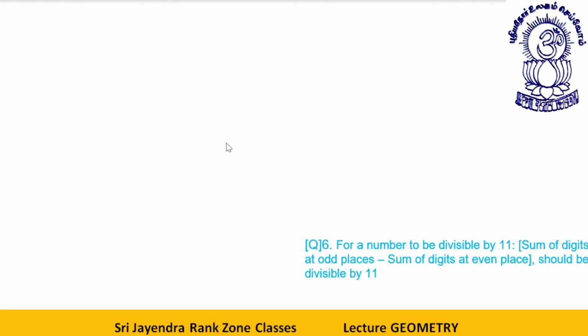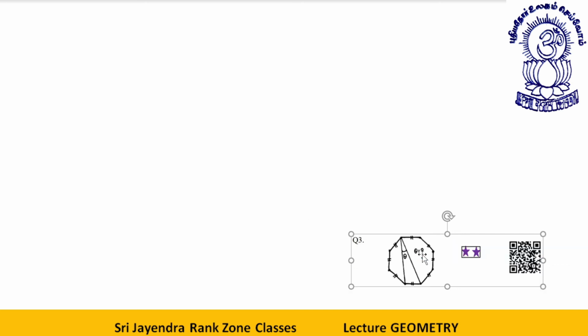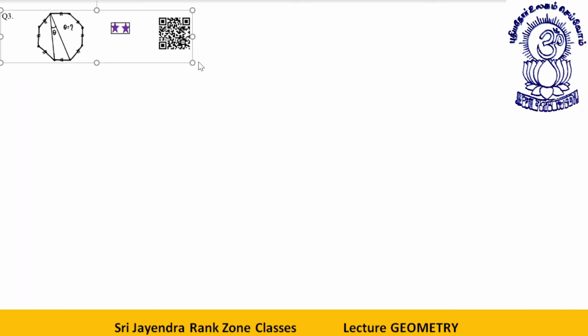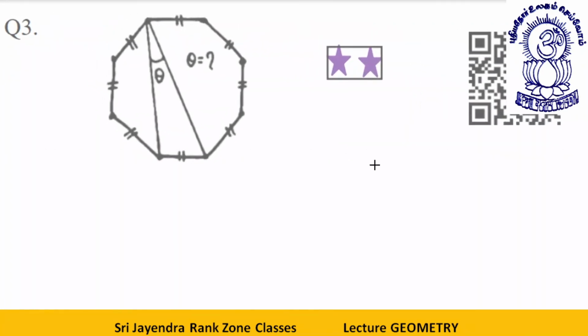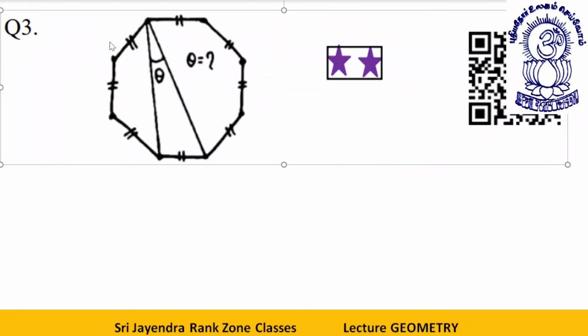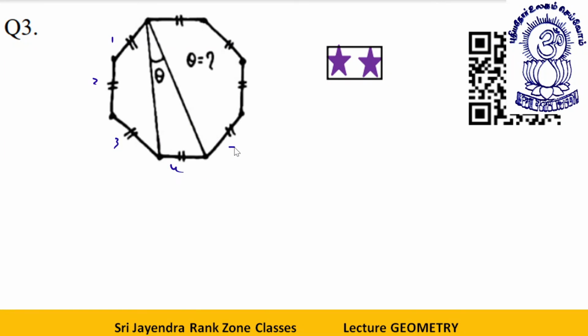Next one. This has how many sides? One, 2, 3, 4, 5, 6, 7, 8. 8 sides. So let's talk about this. What will be this angle, the angle at the center?